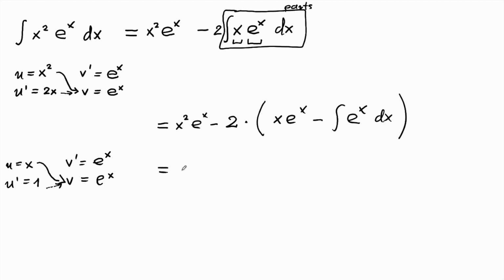So this is equal to the polynomial x squared and the exponential function e to the x minus 2 times x times the exponential function e to the x, and minus, so plus 2 times the integral of the exponential function, which is the exponential function itself, and then plus c.